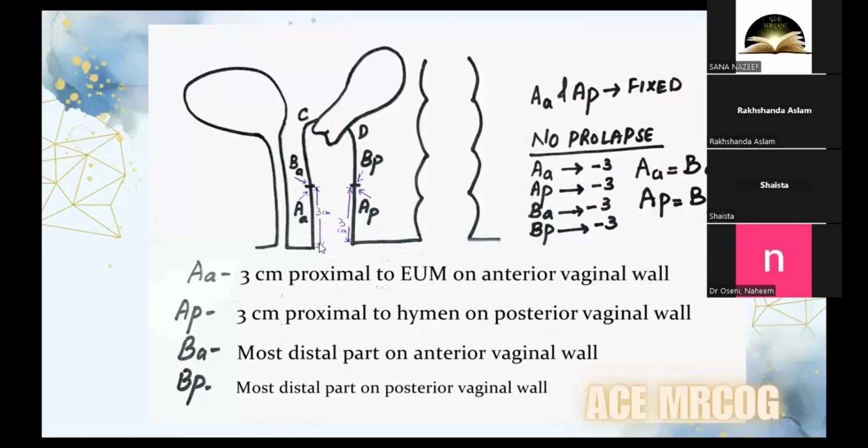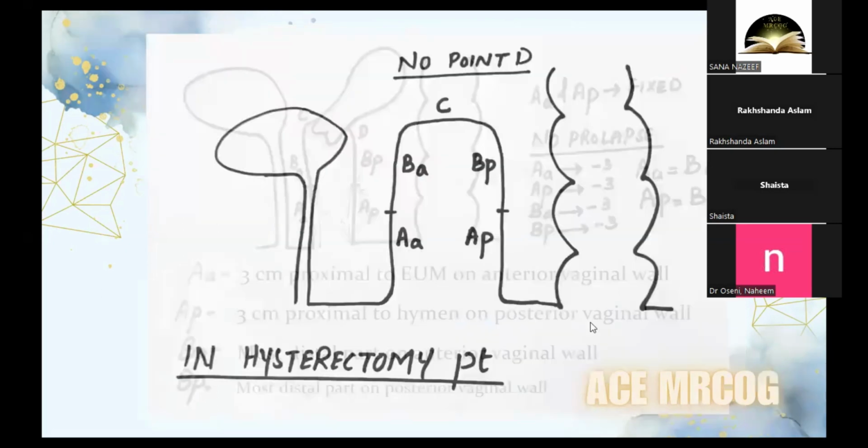So 3 centimeter behind the hymen is the point that we call AA. And this is the remaining part, which means that if the total anterior length is 7 centimeters, this is 3 centimeters, and this is 4 to 5 centimeters. So amongst this 4 to 5 centimeter, the most distal portion of this part is called BA. Okay, I hope you got it. Chido, did you get it?